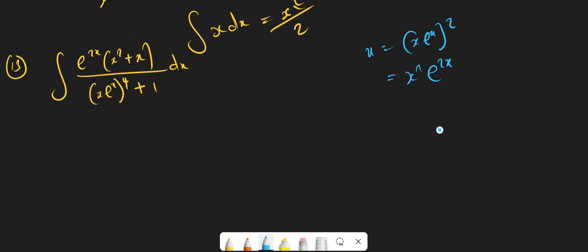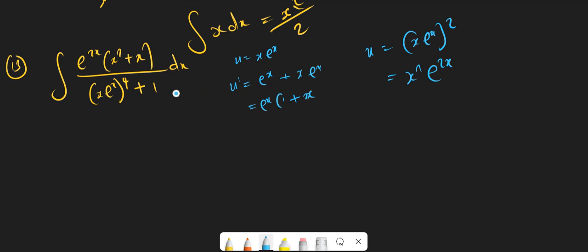If you take u to be x e to the x and take the derivative, u prime would be e to the x, plus x e to the x. So if you factor, you have e to the x times (1 plus x).